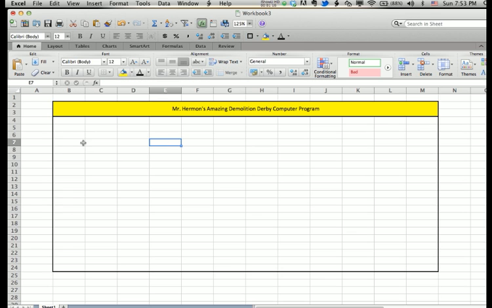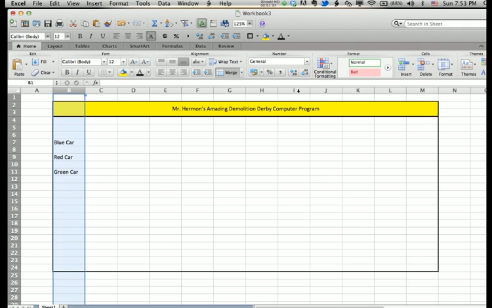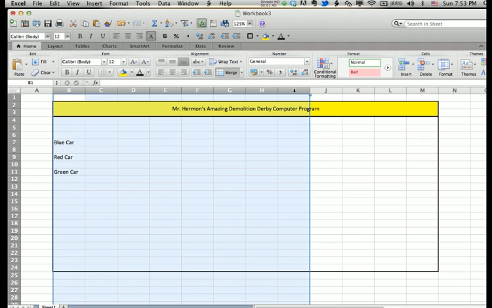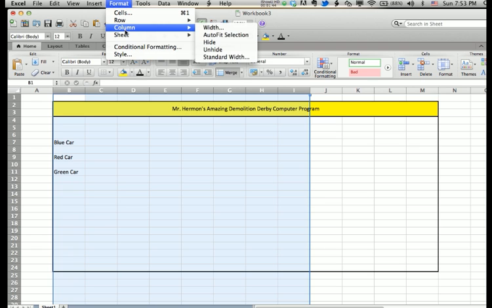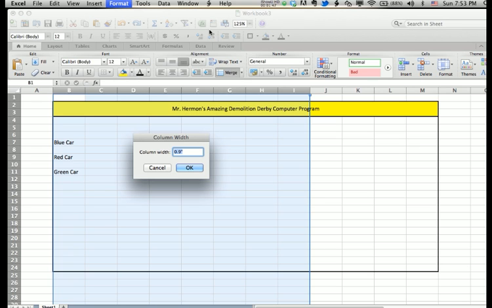Okay, so we're going to have 3 cars. We'll have a blue car, a red car, a green car. Let's format these columns width 1.1.